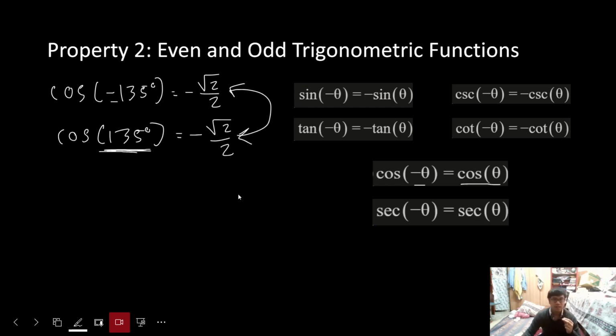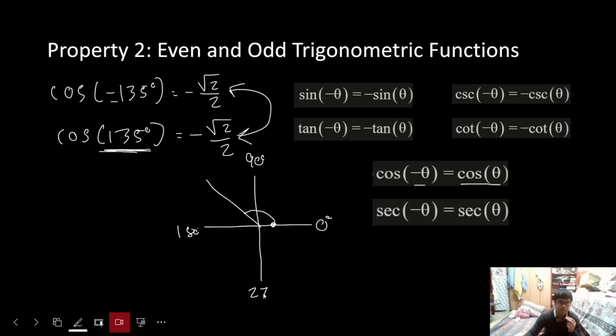So, for example, in this case, we have 135 degrees. So, where's 135 degrees? It goes from here going there. Because remember, here in a graph, we have 0 degrees, 90 degrees, 180 degrees, 270 degrees, and 360 degrees. So basically, this is one whole revolution.